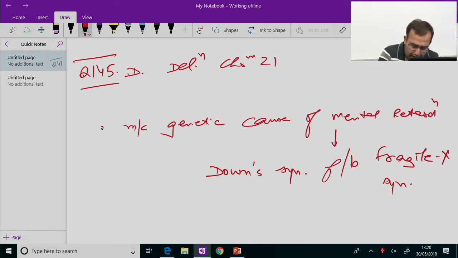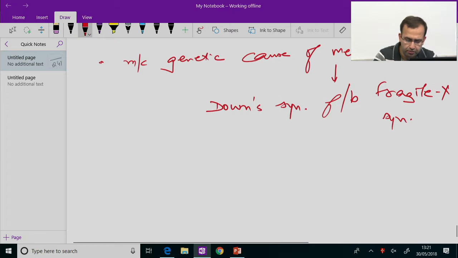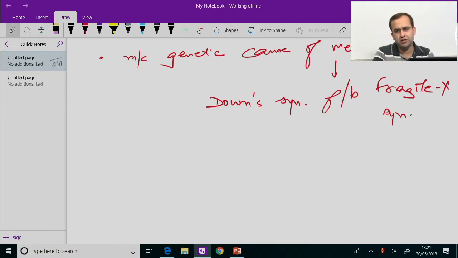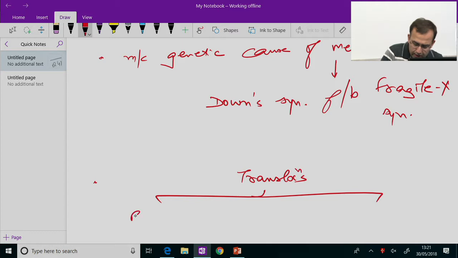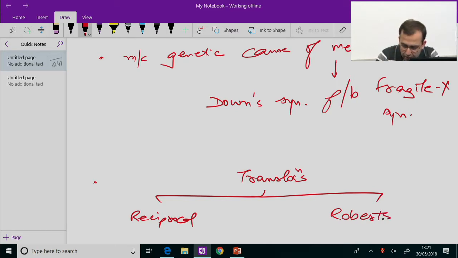Next point, another term that was used in one of the options was Robertsonian translocation. Let us have a look at that also. Translocations are of two types: reciprocal translocation and Robertsonian translocation.